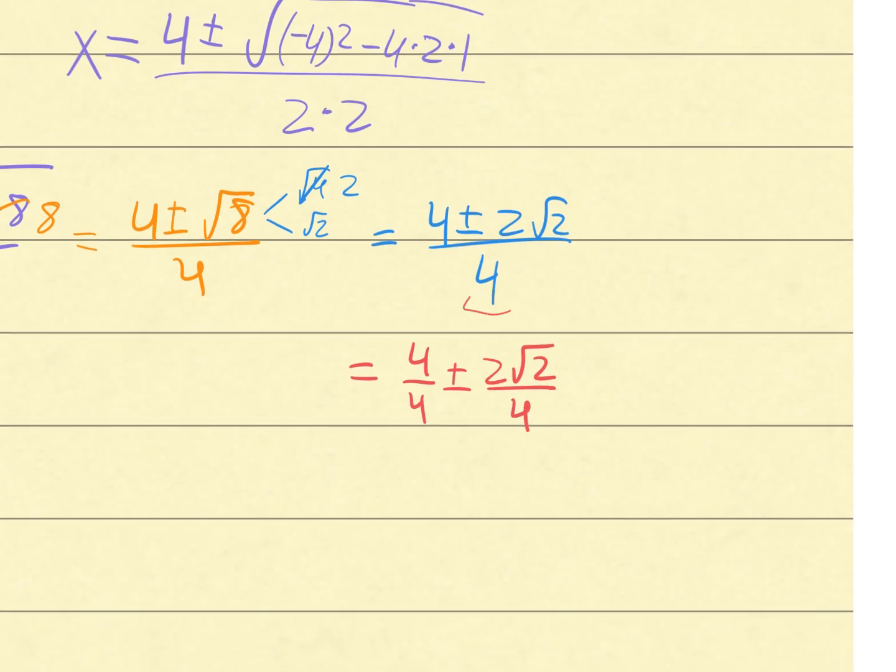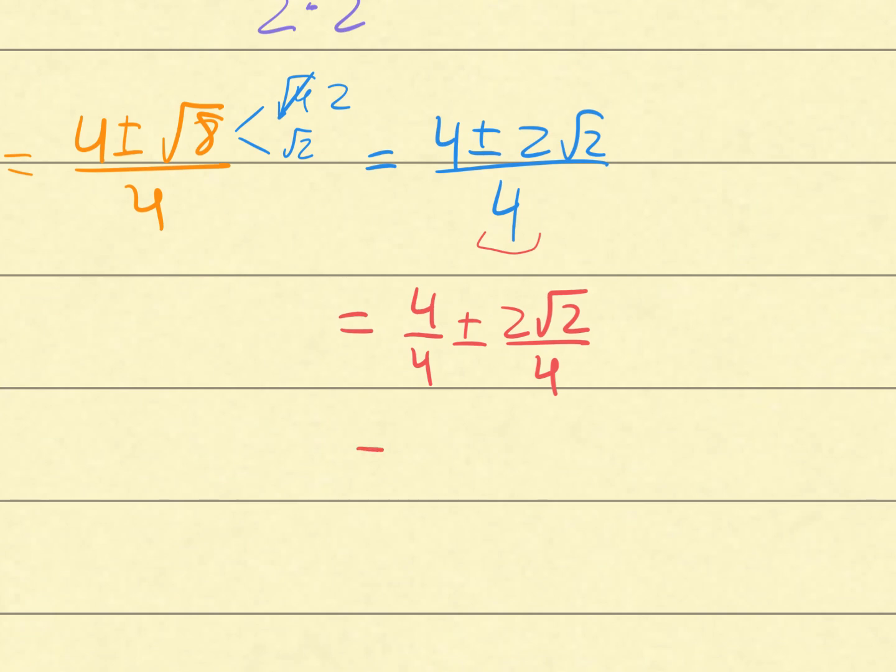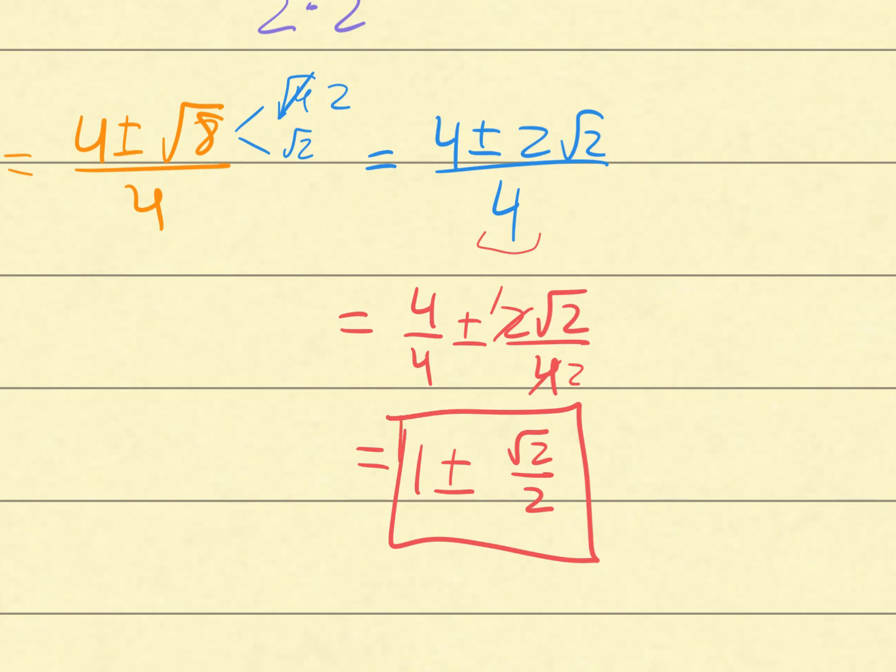If your denominator is 4, you can split the top into 2 fractions with 4 as the denominator. 4 divided by 4 gets you 1. Plus or minus 2 and 4 are going to simplify. 2 becomes 1, 4 becomes 2. So plus or minus the square root of 2 over 2, and that would be your answer for this one.